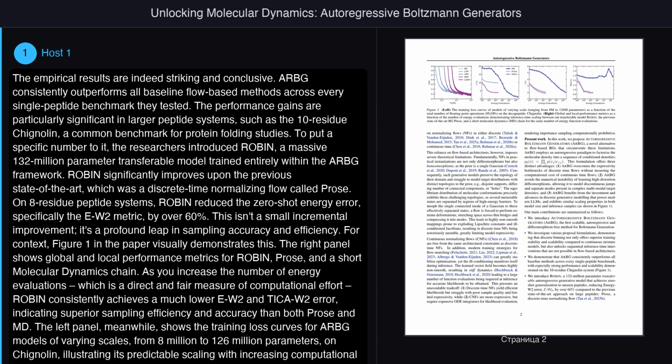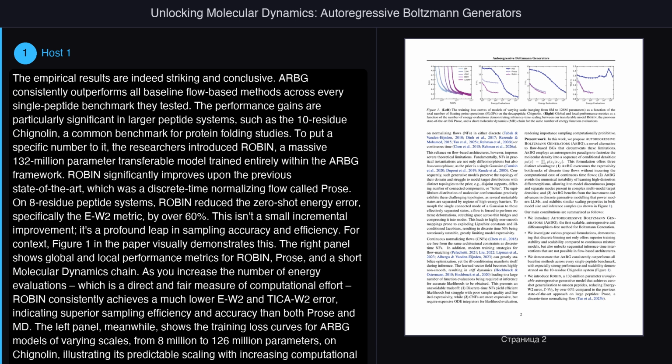To put a specific number to it, the researchers introduced Robin, a massive 132 million parameter transferable model trained entirely within the ARBG framework. Robin significantly improves upon the previous state-of-the-art, which was a discrete time normalizing flow called PROS. On 8-residue peptide systems, Robin reduced the zero-shot energy error, specifically the EW2 metric, by over 60%. This isn't a small incremental improvement.